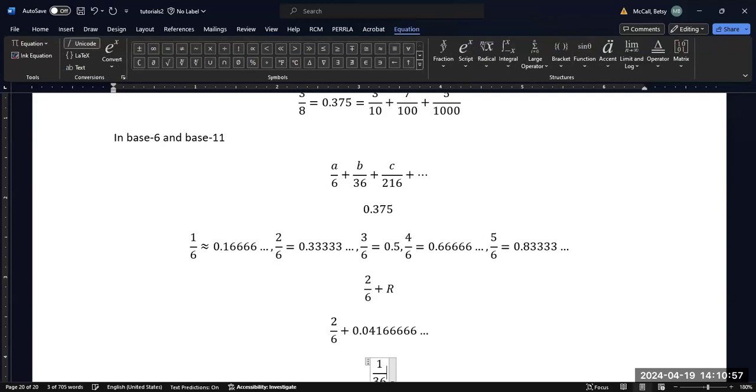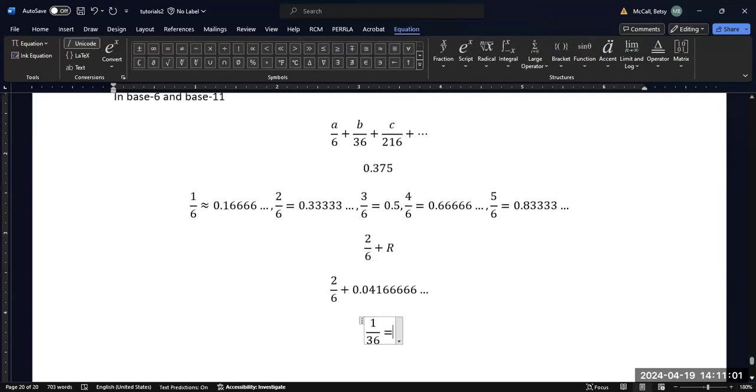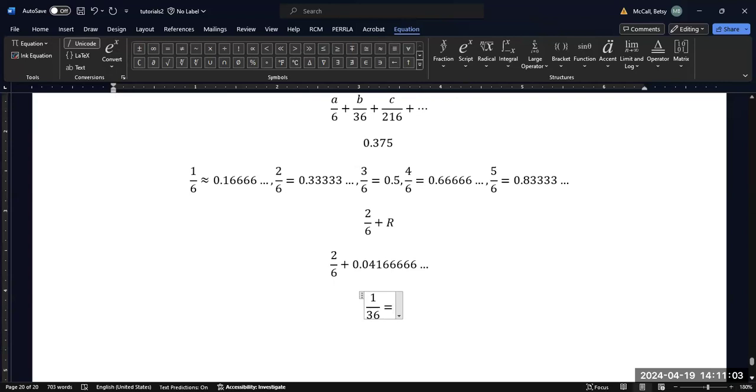So what is 1/36? 1 divided by 36 is 0.027777. What about 2/36?